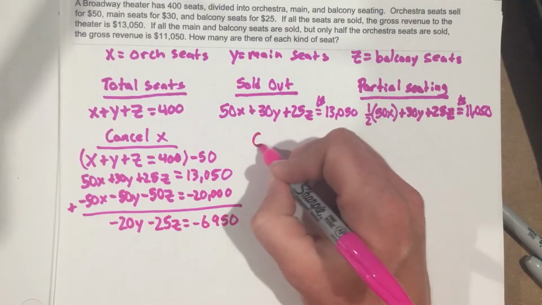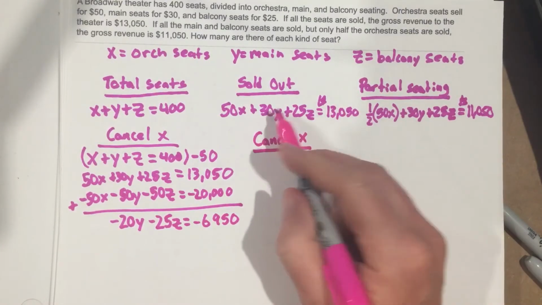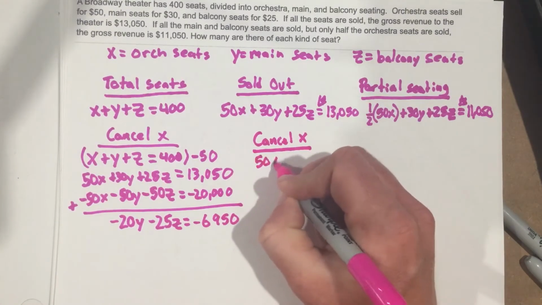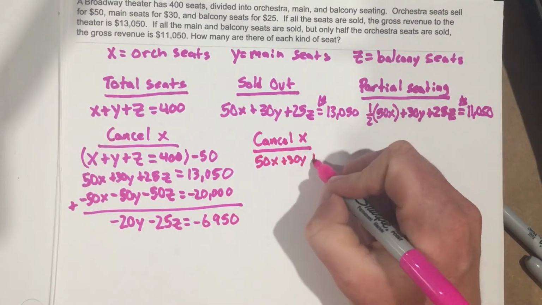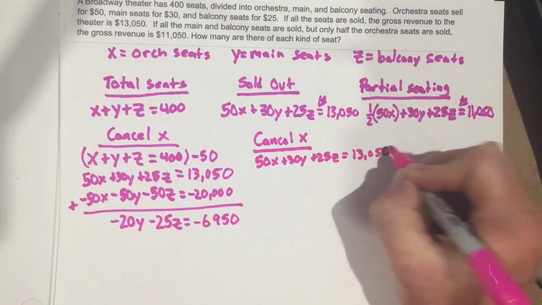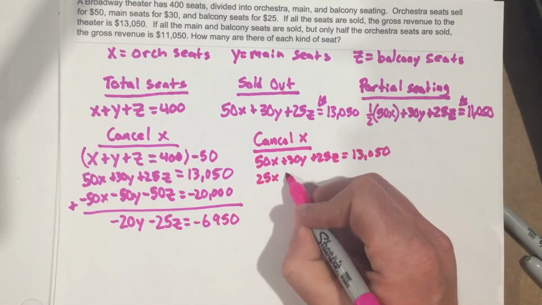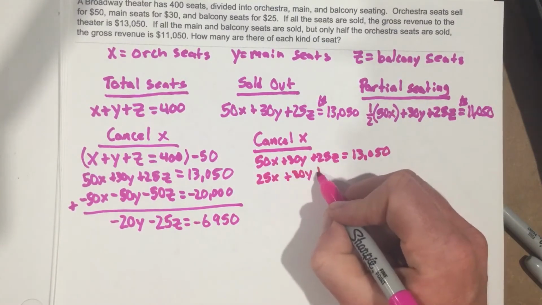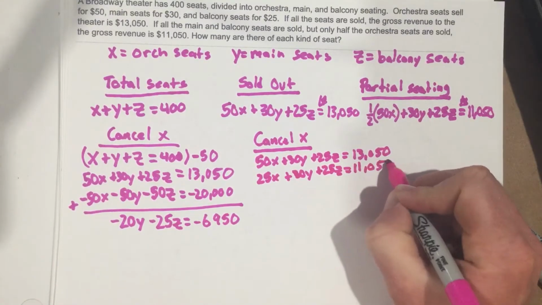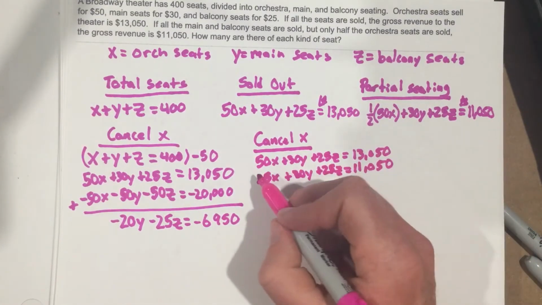Now we're going to cancel X, but we're going to do it now with the second and third equations. So we're going to take 50X plus 30Y plus 25Z equals 13,050. And the third is 25X plus 30Y plus 25Z equals 11,050. We're going to cancel out the X value here, and to do that, we're going to multiply the bottom by negative 2.